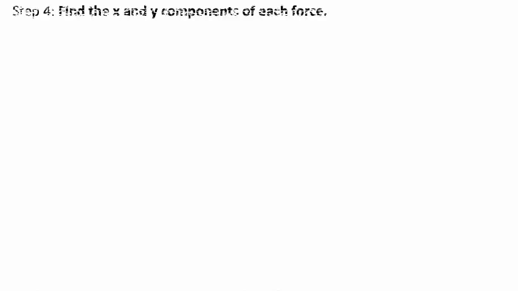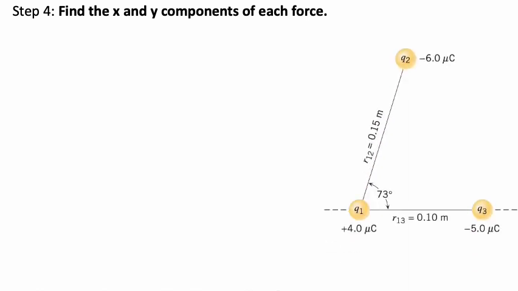Now that we have those two individual forces, the next step is for you to find the X and Y components of each force. If you look back to our previous discussion in the first part, my introduction, I said that vectors have their individual components, the X and Y components.